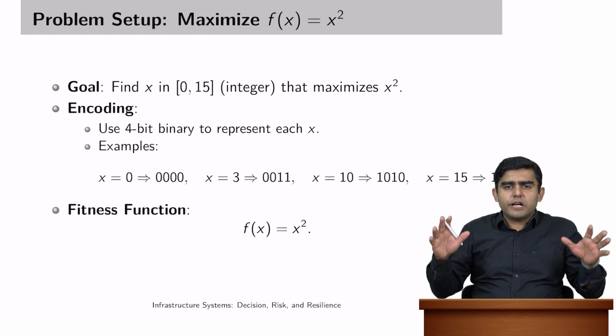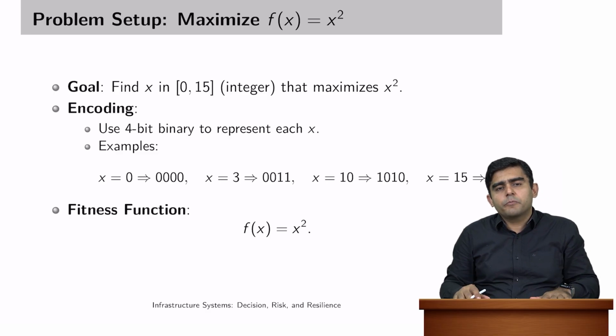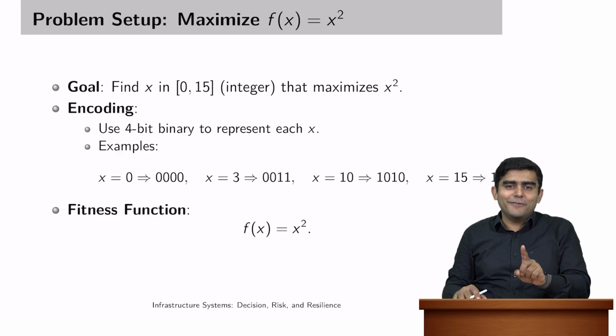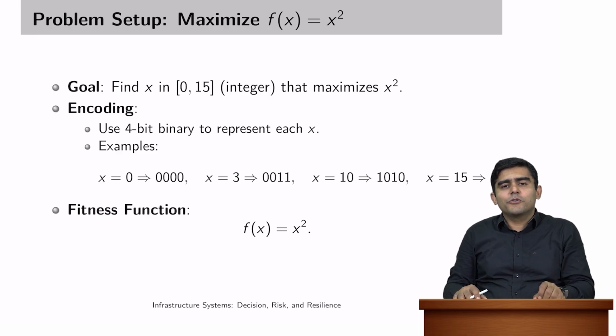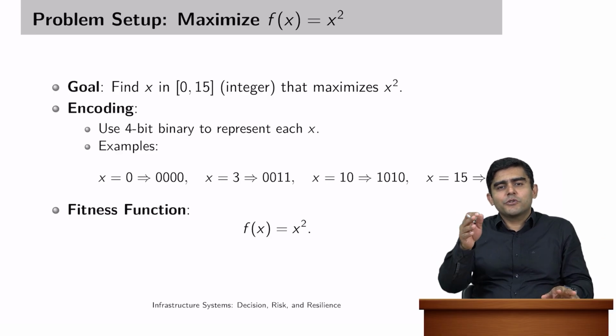Now let us try to put all these concepts together into this very simple problem of maximize f(x) equal to x squared, and we have been asked to find the answer in the domain of 0 to 15. Now you see there is one clear difference between linear programming and genetic algorithms: in linear programming we will never specify the bound. All we will say is x is greater than or equal to 0, and the algorithm should find for itself where the solution is.